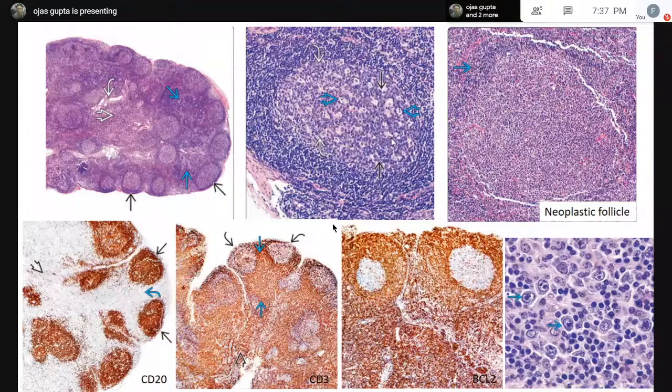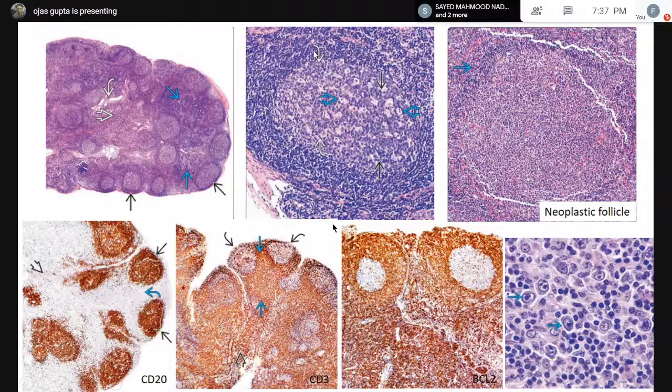The darker ones are situated within the inner aspect of the lymph node, and the lighter ones are situated towards the periphery or towards the subcapsular sinus. Also, we can see there are intervening tingible body macrophages. This differentiation of dark staining and light staining within the germinal center is known as the normal polarity of a lymphoid follicle.